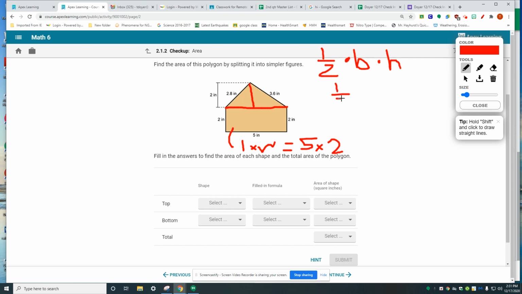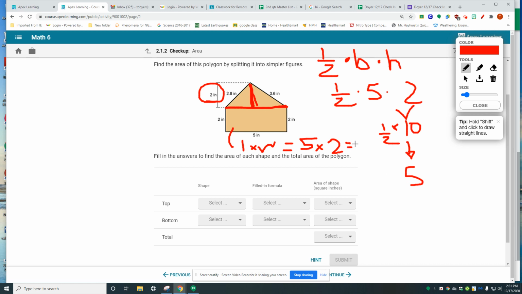So 1/2 times the bottom. This is the bottom, and I know that's 5 because it's right there, times height. How tall is this thing? Well, that's what that is, times 2. So this is 10, 5 times 2, times, what's half of 10? That would be 5.